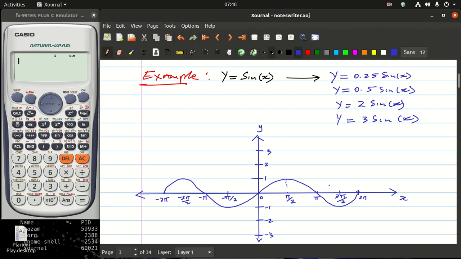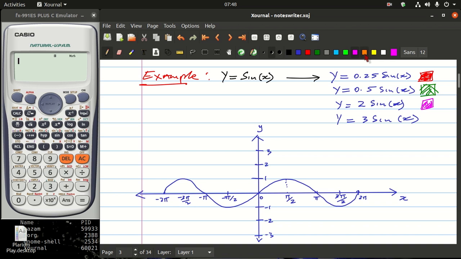Okay. Now, let us look into these curves here. I want this one to be red. So this one, I'm going to use a red for it. And then this one here, I'm going to use a green. And then this one here, I'm going to use this color here, nice color there.